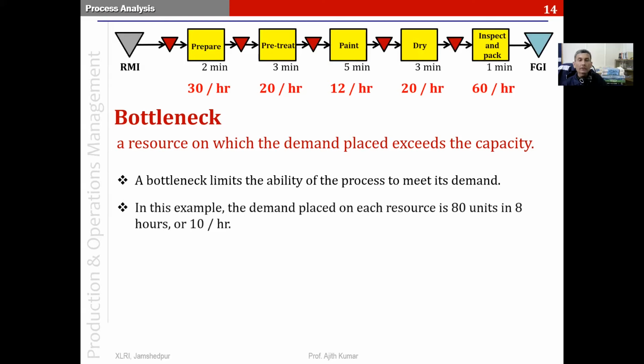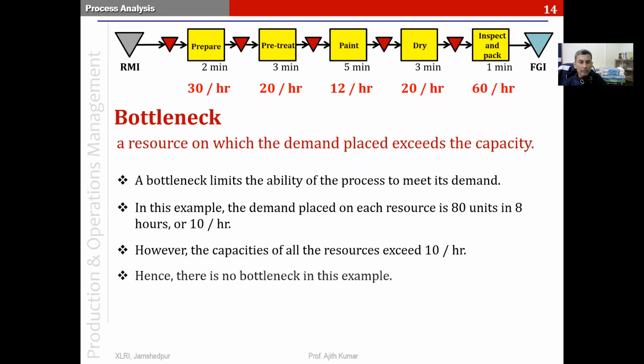In the given example, the demand placed on each resource is 80 units in 8 hours or 10 units per hour. But we also see that the capacities of all the resources exceed 10 units per hour. Our minimum capacity resource has a capacity of 12 units per hour. And therefore, in the example, there is no bottleneck.